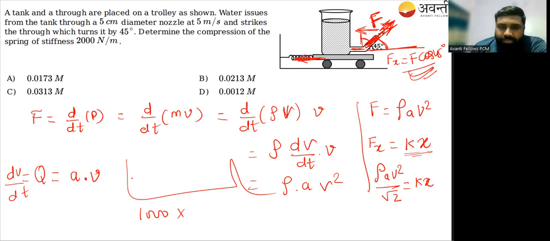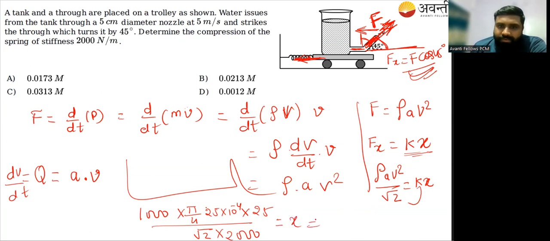You need to convert it into meter. So it will become pi by 4 d square, 25 into 10 raised to the power minus 4, multiplied by v square, velocity is also 25, divided by root 2 into k. So k is 2000, given.